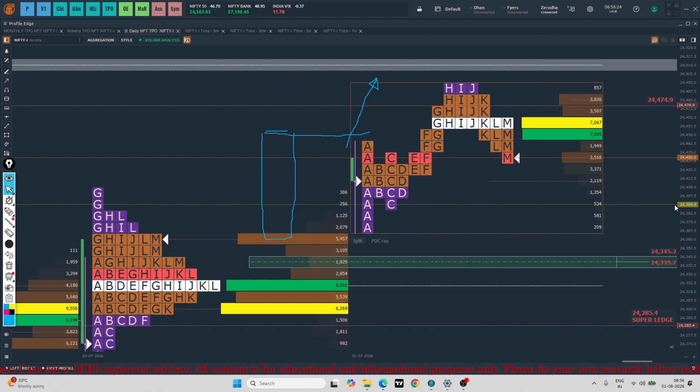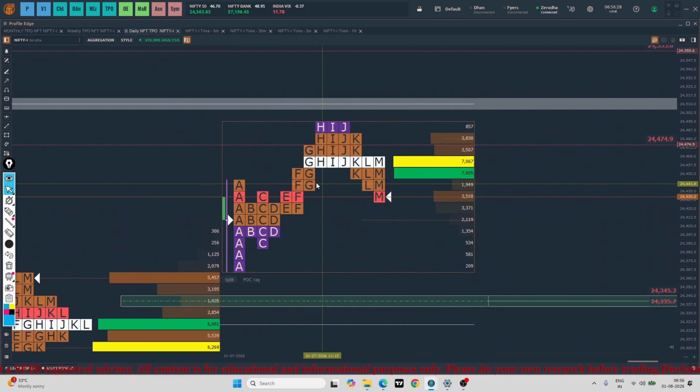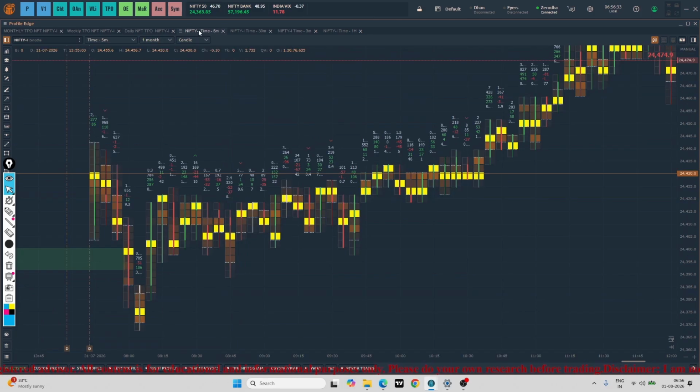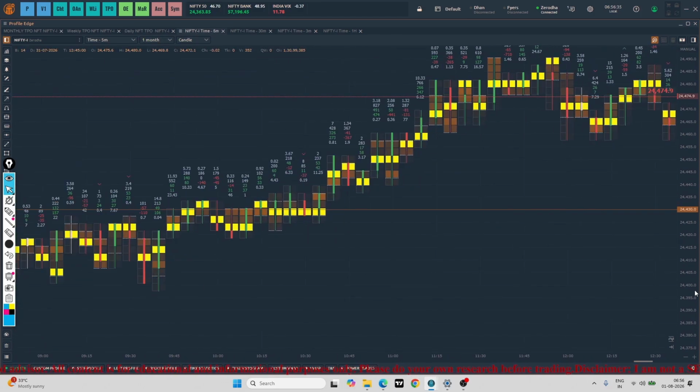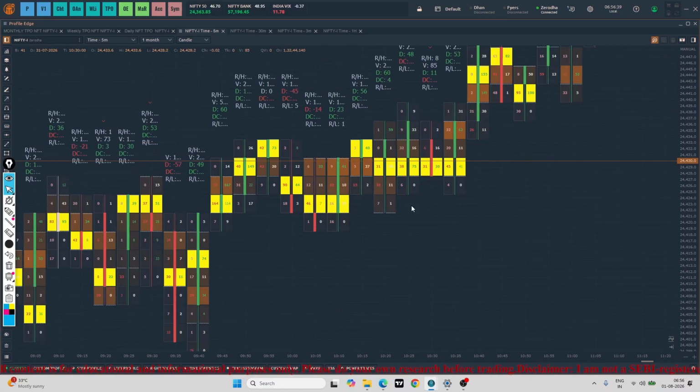Accordingly, if you can see this, it exactly broke these levels. I have taken a trade around this 10:15 candle. 10:15 means in Indian time it's around 11:45.